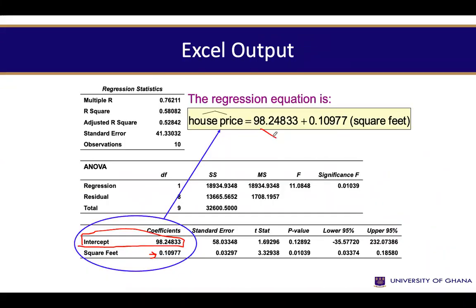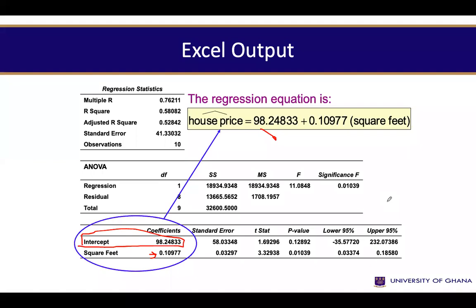So how do we interpret, first of all, the 98.2? Okay, it means that if the square feet is 0, the house price will be 98.2. That's the B0.